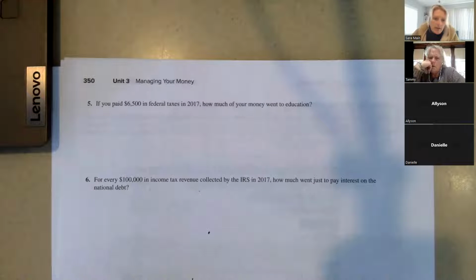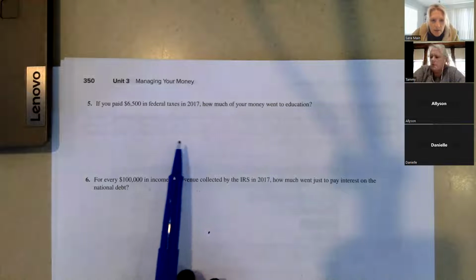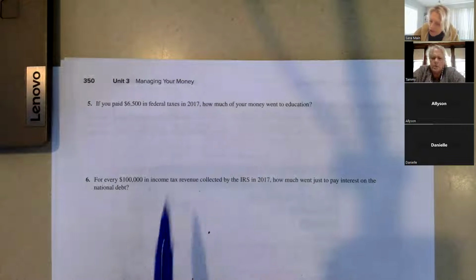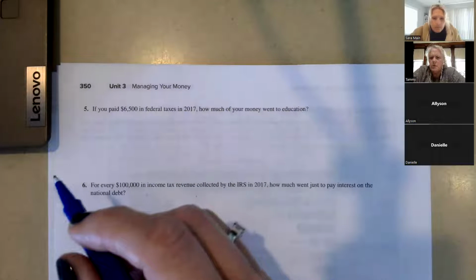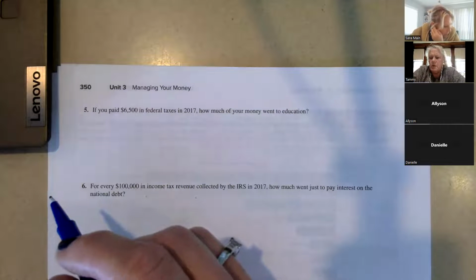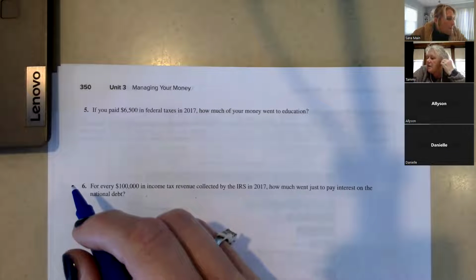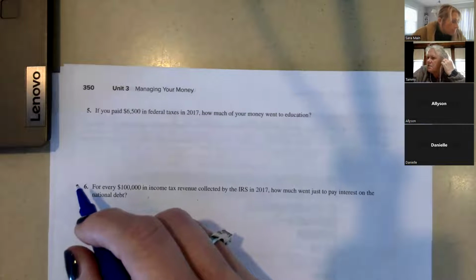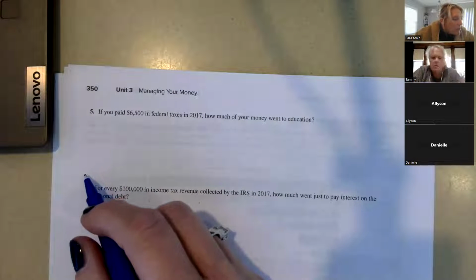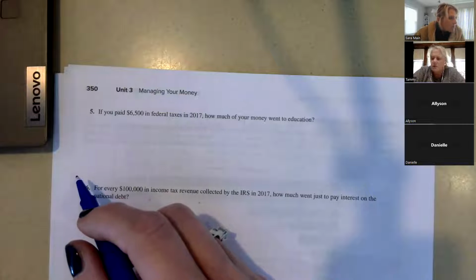So if we flip the page here, to number 5 here, it says, if you paid $6,500 in federal taxes in 2017, how much of your money went to education? Do you just take that times the percent, the 3.99 from the other page? Mm-hmm. So it was 3.99. Yes.